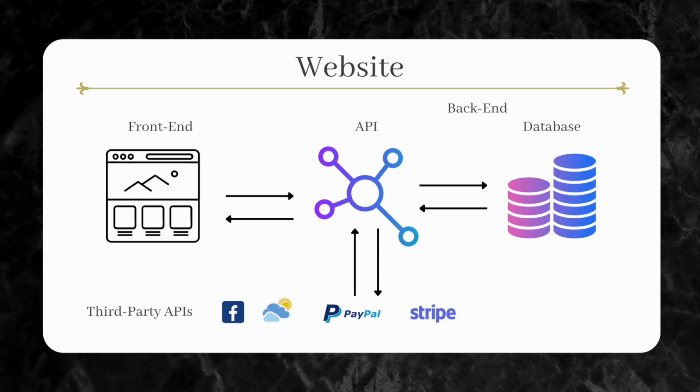So you can see on the left-hand side, this thing that says front end. When you go to google.com, facebook.com, youtube.com, what you see on your screen, what you're actually interacting with, that's the front end. That's just the user interface that you can put stuff in.